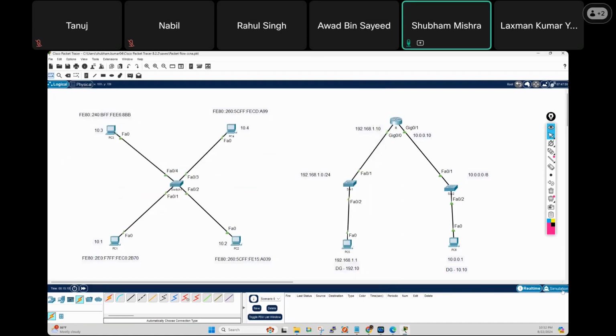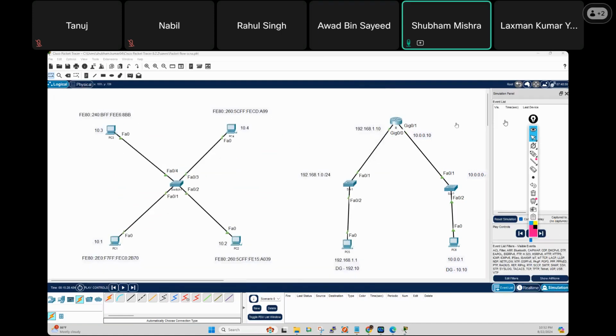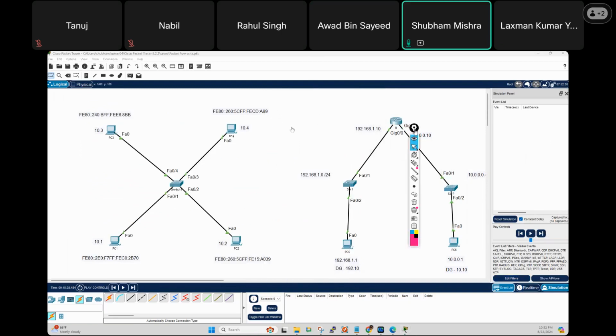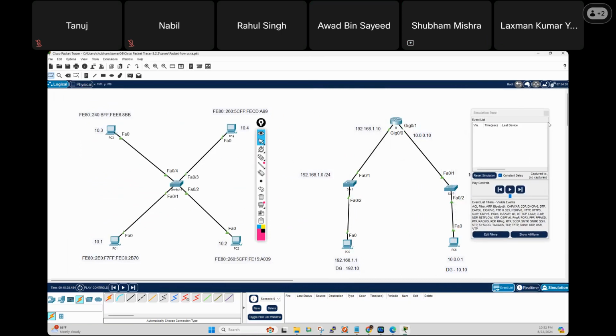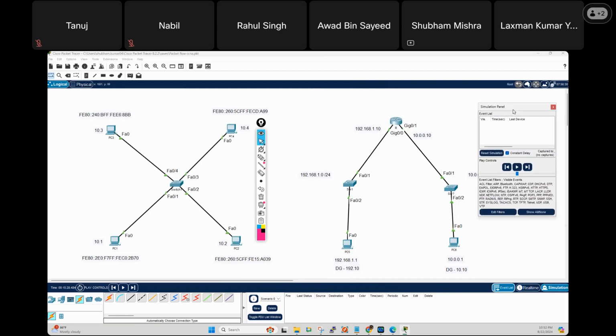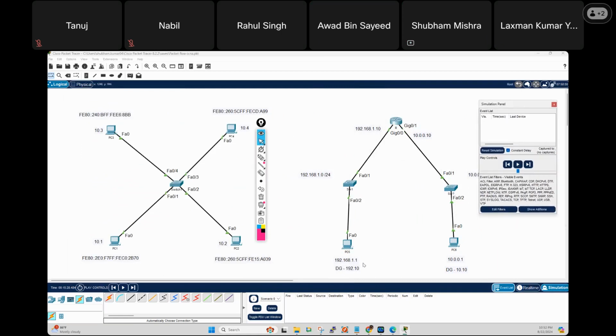Now let's start how the packet will actually flow: ARP, ICMP and the rest. Now I am pinging, guys, from PC number 5 to PC number 6.